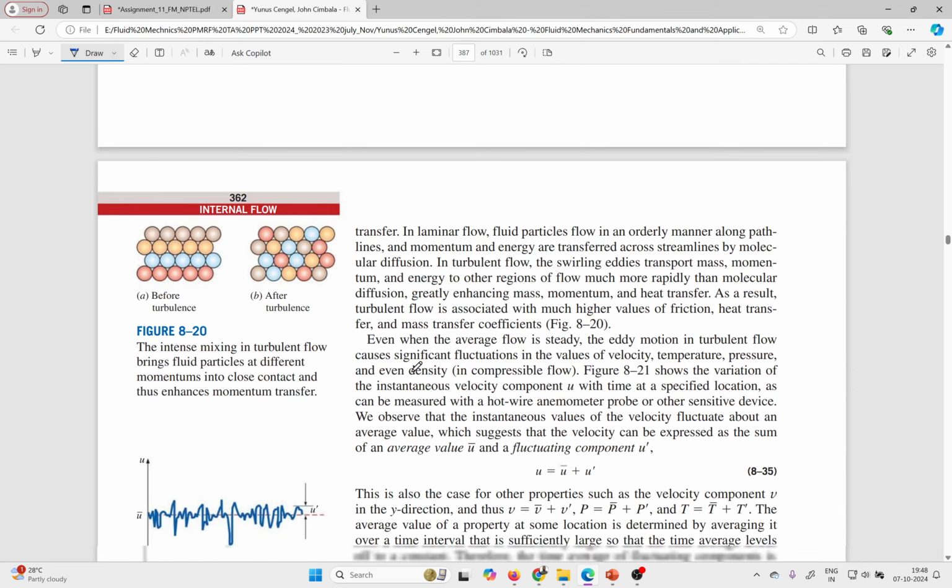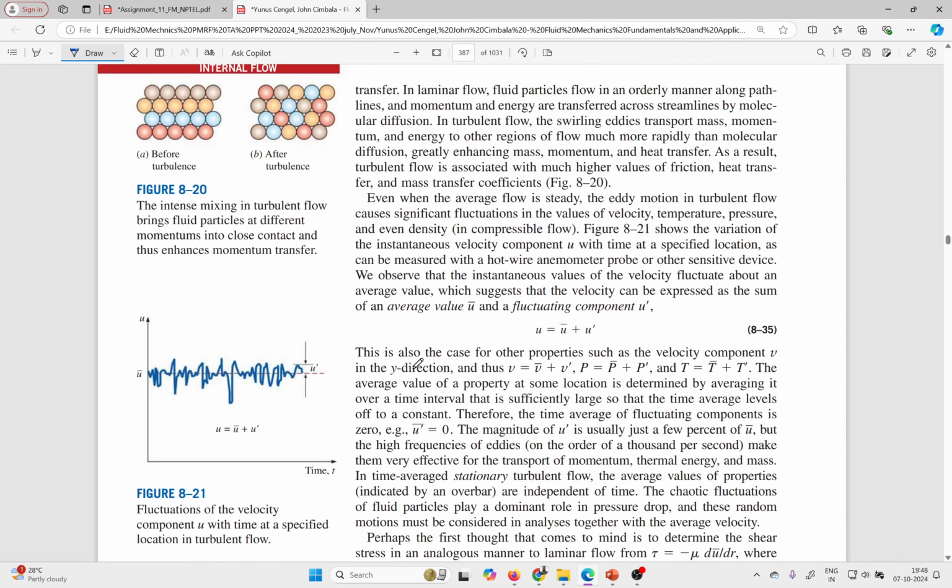When you capture turbulent flow by instrument, your instrument will give data like that, fluctuating around an average value.